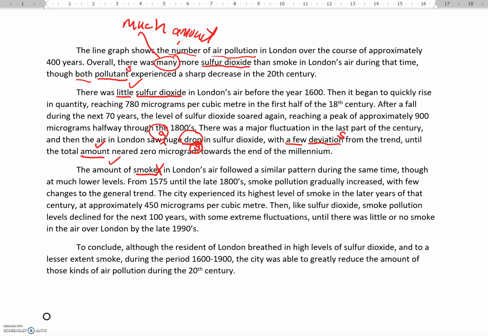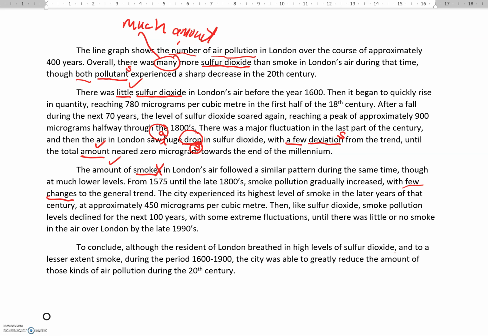From 1575 until the late 1800s, smoke pollution gradually increased, with few changes. Okay, so few is with count nouns and changes is count plural. That's good. To the general trend. The city experienced its highest level of smoke in the later years of that century, at approximately 450 micrograms per cubic meter.